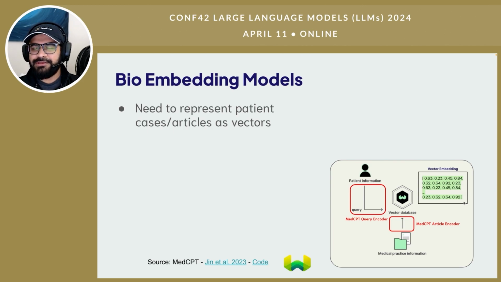A vector embedding is just a large array of numbers, and it captures the meaning behind patient cases or articles. In this case, all the 170,000 cases and 1.4 million articles are going to be turned into vectors, so you'll have 1.4 million vectors for the articles and 170,000 vectors for the unique patient cases that you want to store in your vector database.